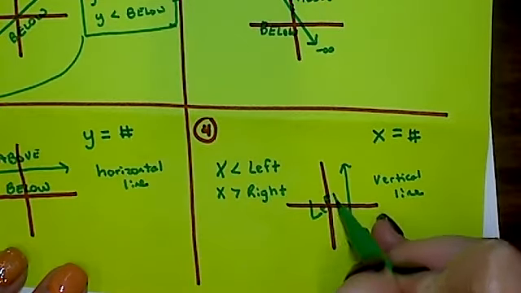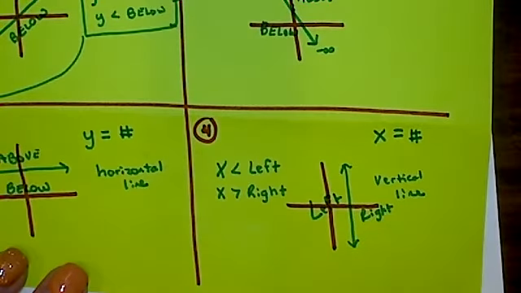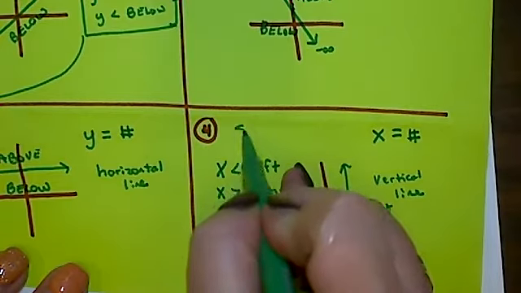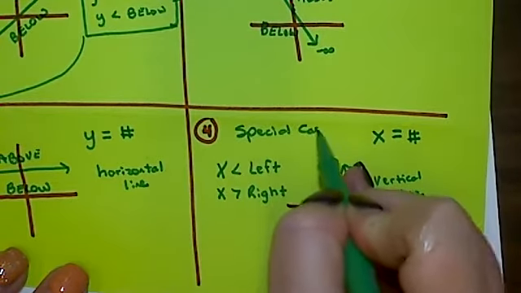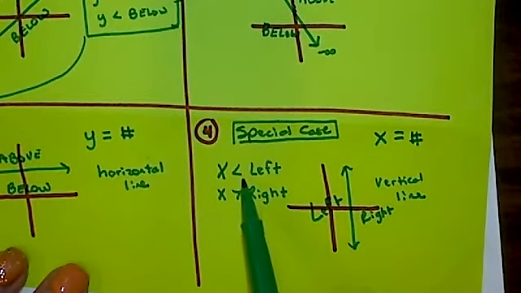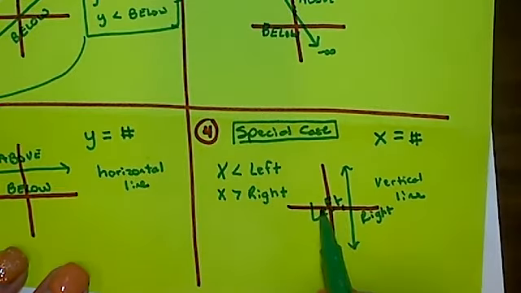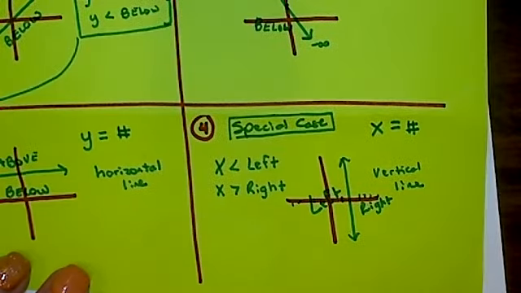So this would be left and this would be right in which you would color. Okay, so this is a special case. So you cannot color above or below. So you have to look on your x-axis where those numbers get smaller, and they get smaller to the left, and they get larger to the right.